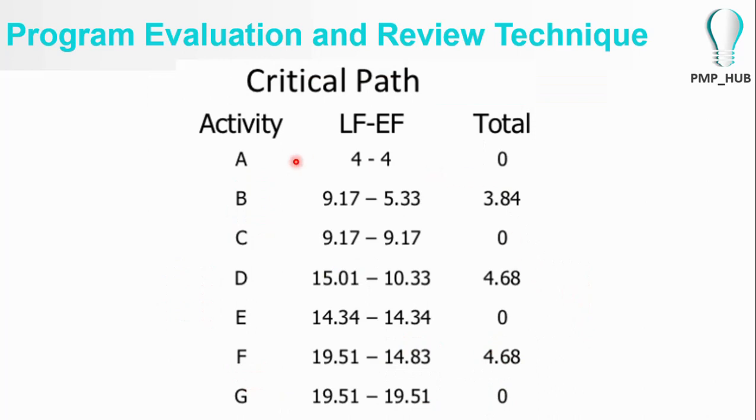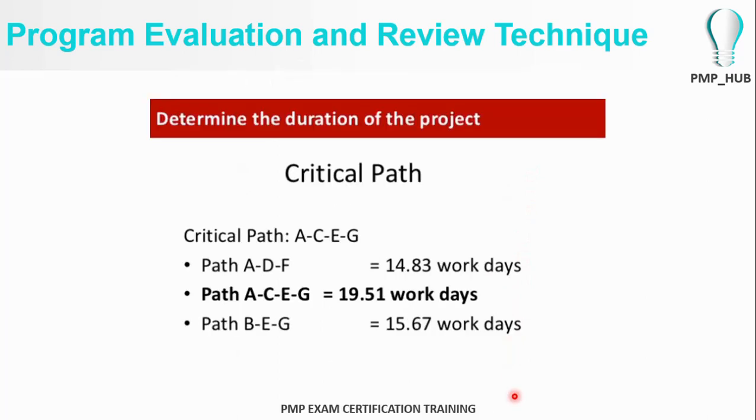So after that, the critical path is where the float is 0. The latest finish time and the earliest finish time, the difference, or whichever the other way around. So if you calculate, the float is 0 in activity A, C, E, and G. Hence, the critical path is A, C, E, G, which is 19.51 working days.